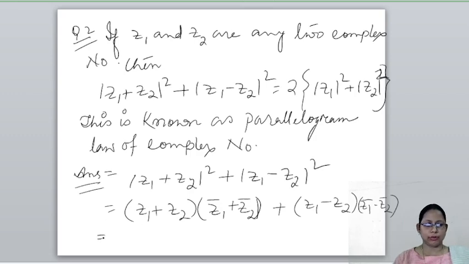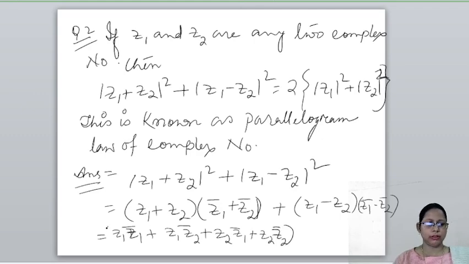If I expand this, it is equal to Z1 Z1 conjugate plus Z1 Z2 conjugate plus Z2 Z1 conjugate plus Z2 Z2 conjugate.